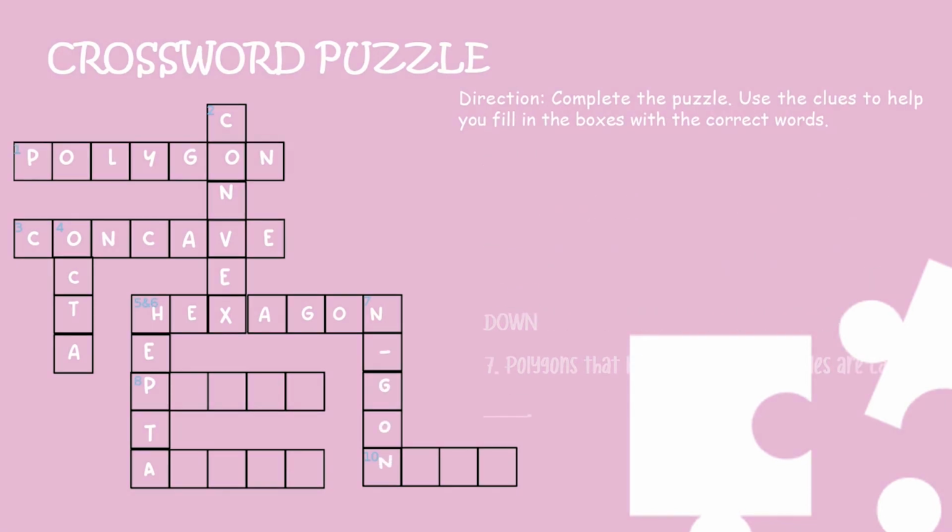It's n-gon. Number eight, across: prefix of a five-sided polygon. What's the name of the five-sided polygon first? Correct. It's pentagon. So the prefix is penta. Very good.